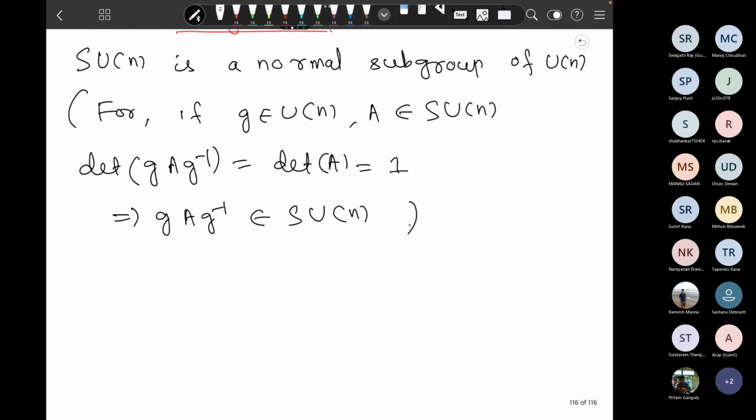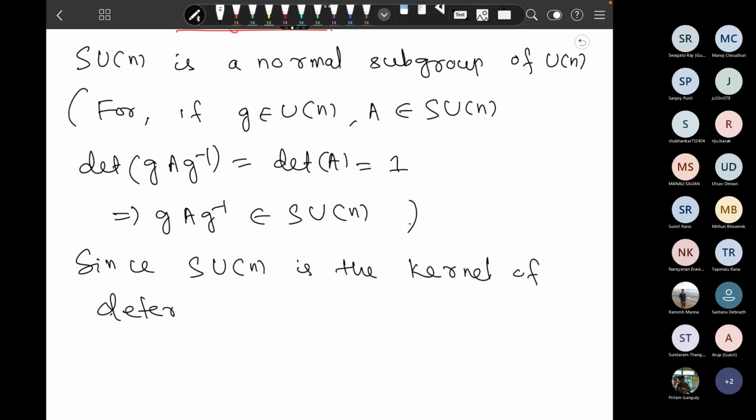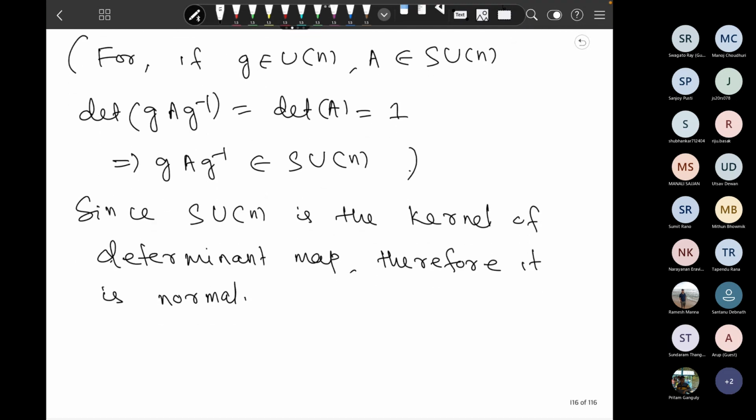Since SUN is the kernel of the determinant map, therefore it is also normal. So this is another way of saying that.